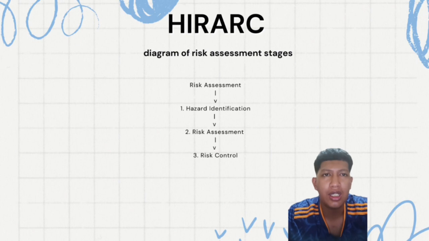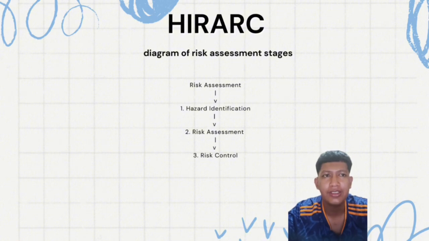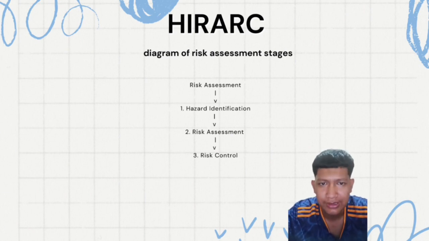Third, risk control. Purpose: implement measures to control and mitigate the identified risks. Activity: apply the hierarchy of control. First, elimination: remove the hazard entirely. Second, substitution: replace the hazard with something less risky.